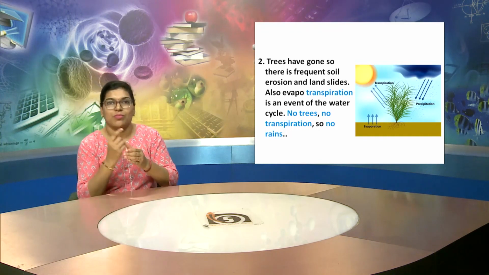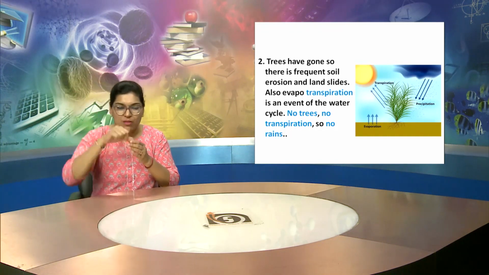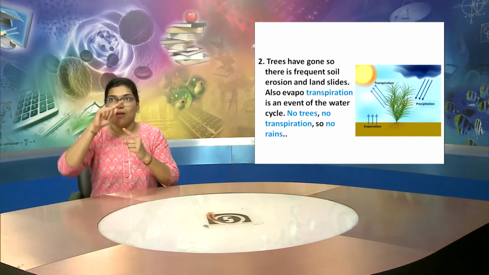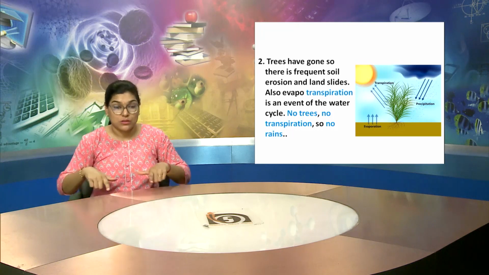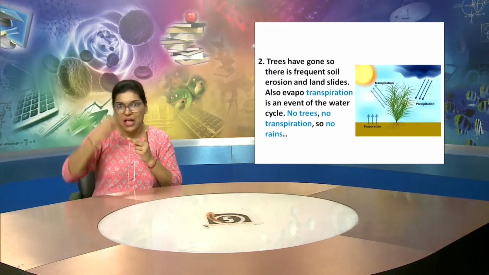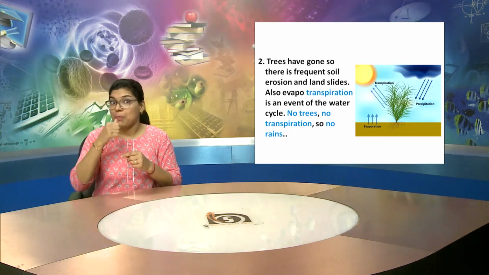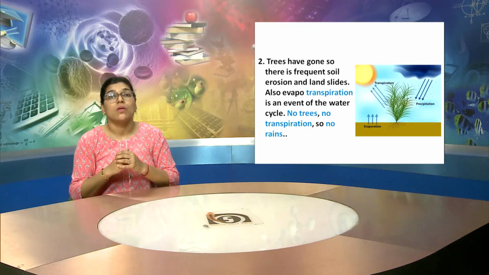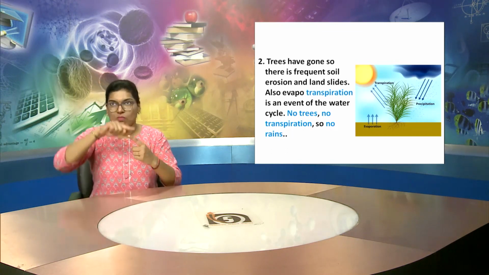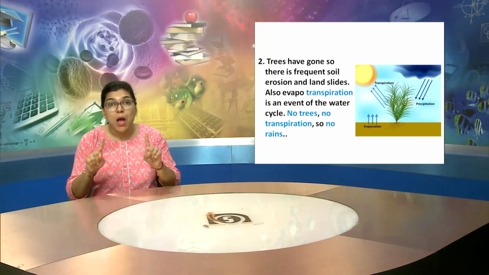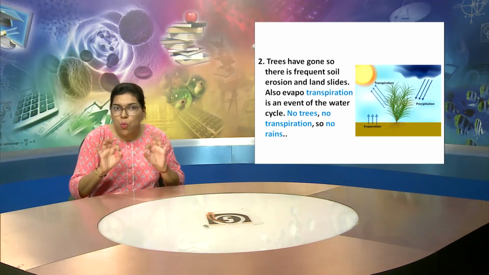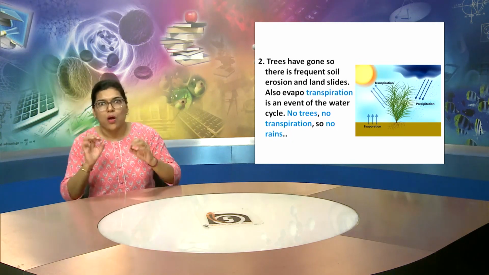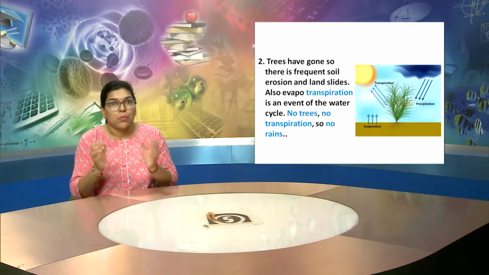We know that plants have roots, and when there is any rain, the roots keep a hold of the soil and do not let erosion occur. This process happens naturally. So when there are no trees, then the whole system will get disturbed.